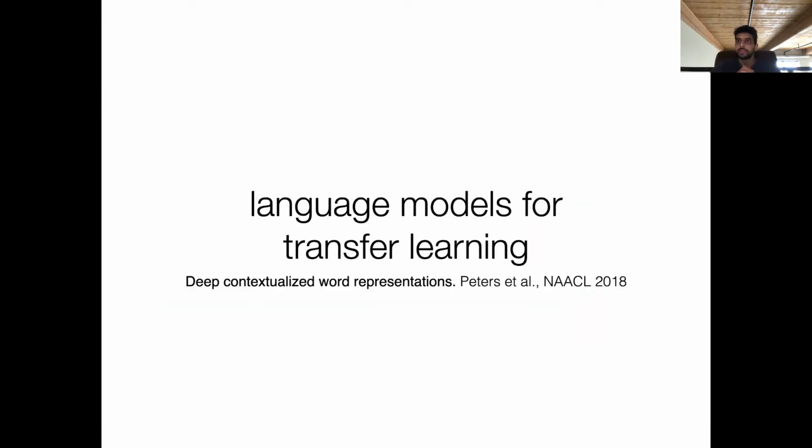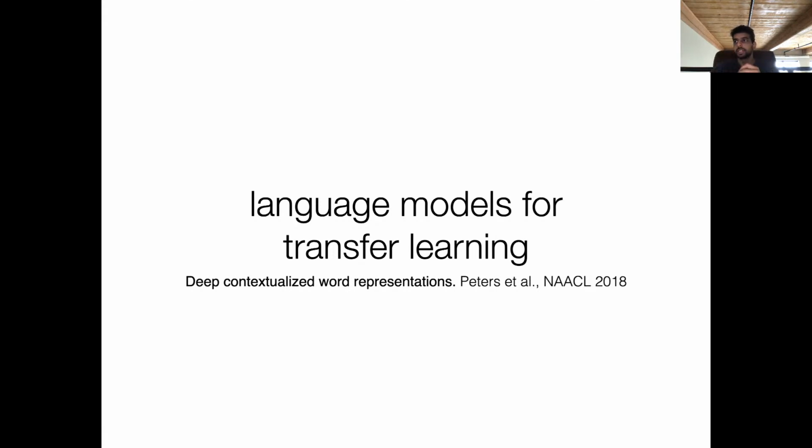Okay, so the first paper that I want to discuss today, so if you actually did the reading, which I'm sure many of you didn't, we assigned the ELMo paper, which is deep contextualized word representations, as well as the BERT paper. And both of these are instances of this transfer learning paradigm. The ELMo paper introduced the idea of using language models for many different NLP tasks, along with some other work.